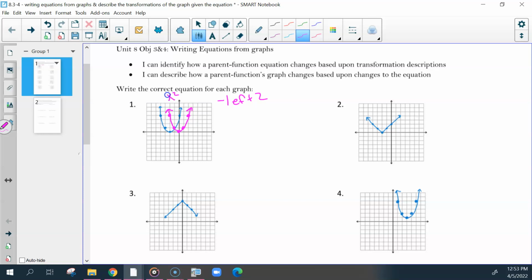So that's all that happened to it. We now need to remember, is left a horizontal or a vertical transformation? That's horizontal. So if it's horizontal, is that going to be an inside function or an outside function? It is inside.